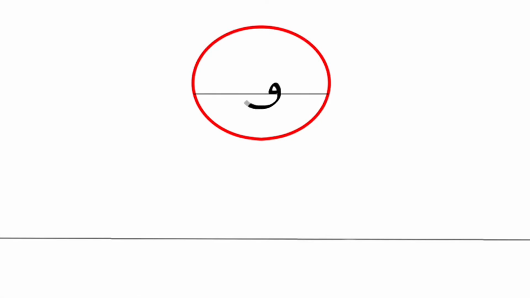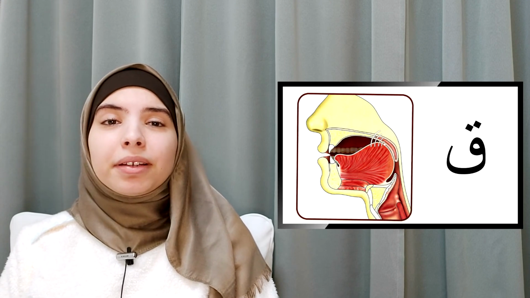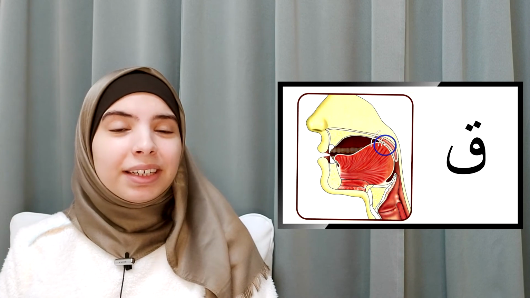And now the last letter for today, Qaf. Qaf. This letter's sound comes out when the deepest part of the tongue touches the very back of the soft palate here.